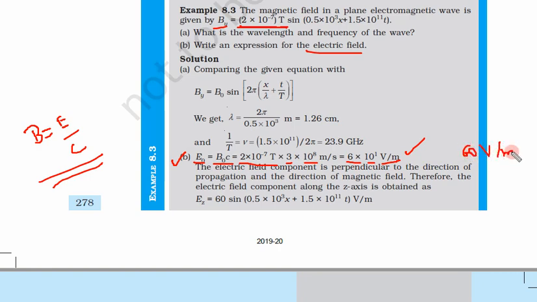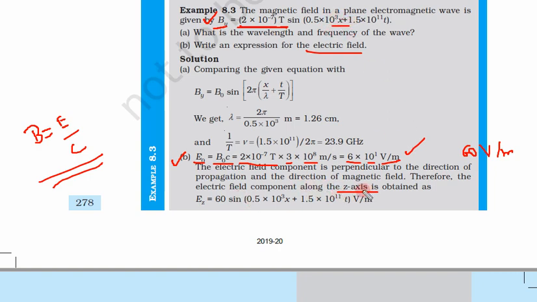The electric field component is perpendicular to the direction of propagation and the direction of the magnetic field. Therefore, the electric field component along the z-axis is obtained as follows. We have seen the magnetic field was in the y direction, and the wave was traveling in the x direction. So the electric field must be in the z direction, because y is occupied by the magnetic field and the wave is traveling in x.